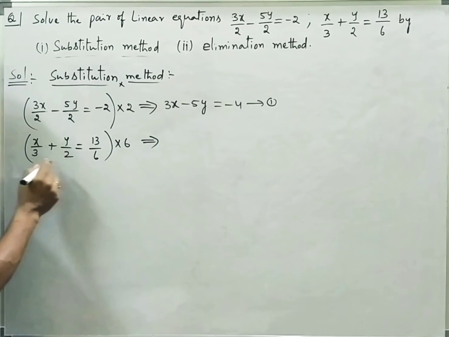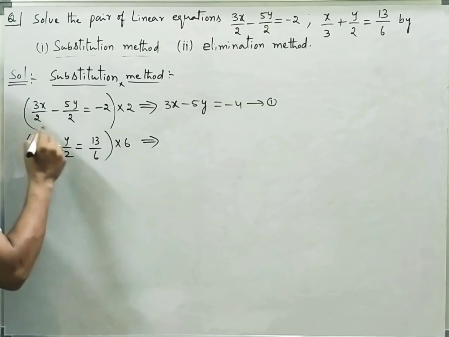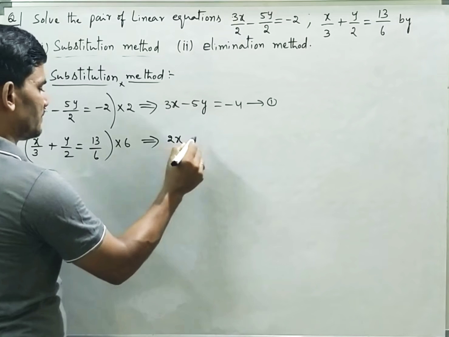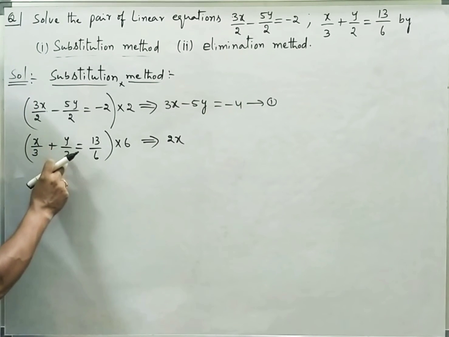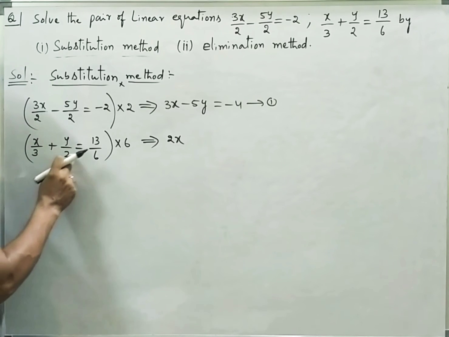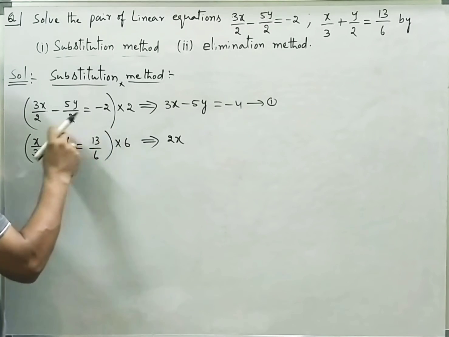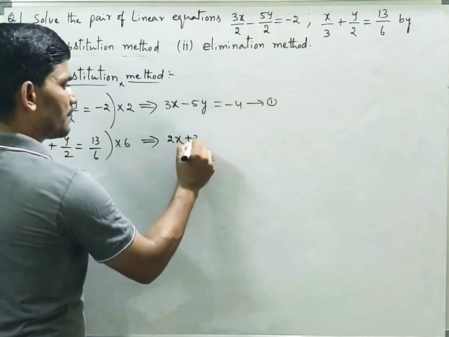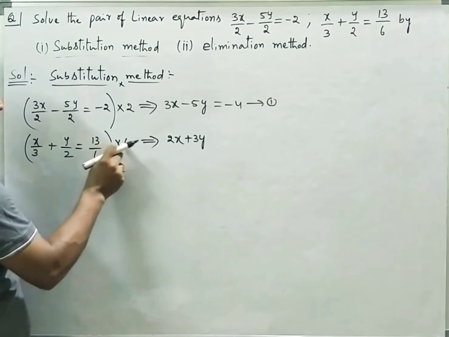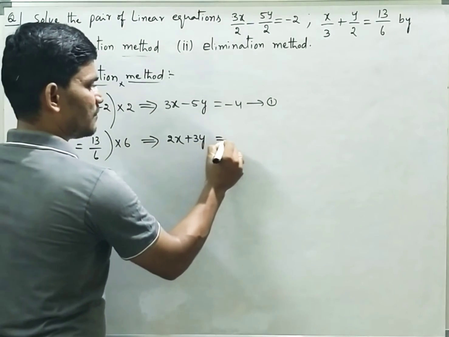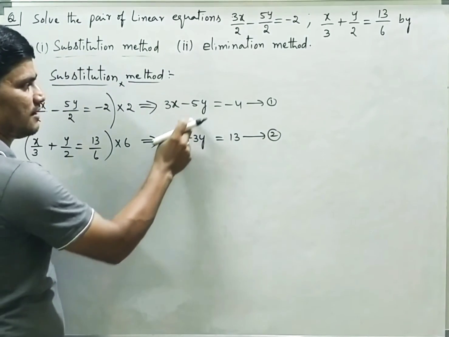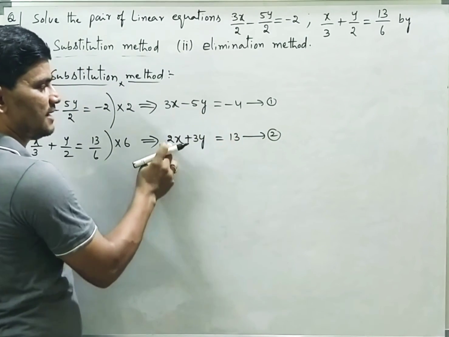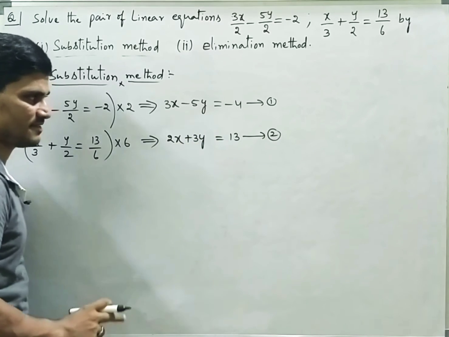Then 3 2s are 6, so it becomes 2x. Again, 6y by 2, it becomes 3y. Then the 6 gets cancelled, equal to 13. Let it be equation 2. Look at these coefficients, they become integral values, that is integers.